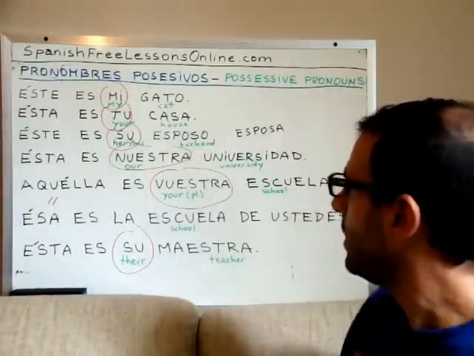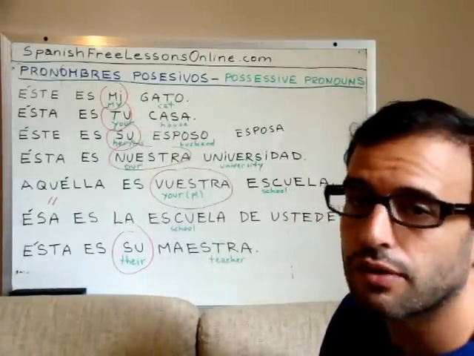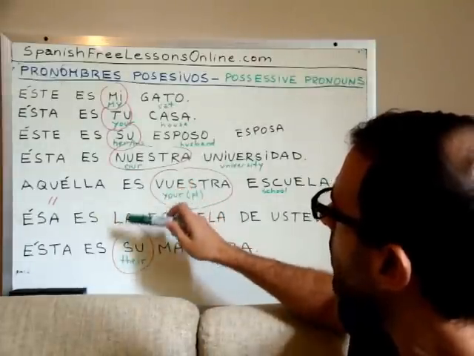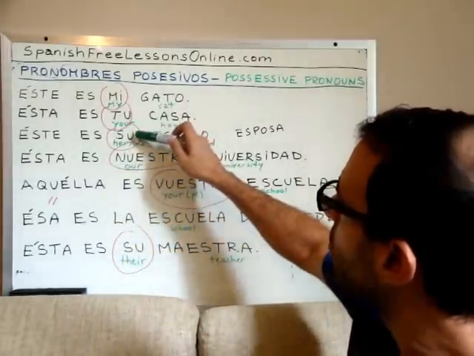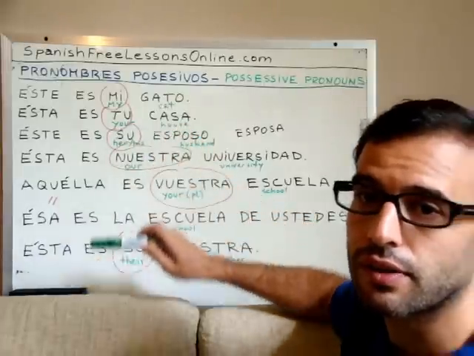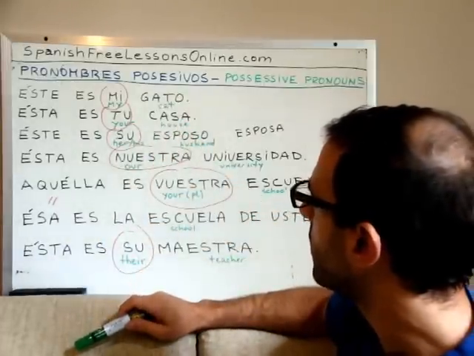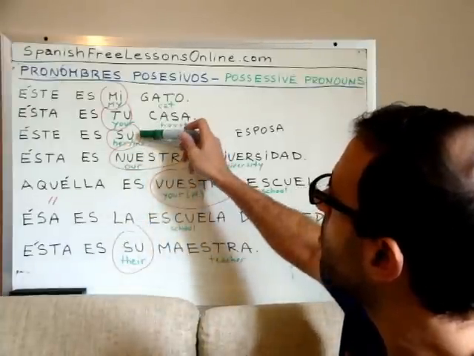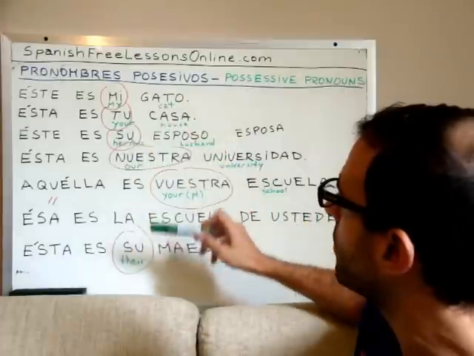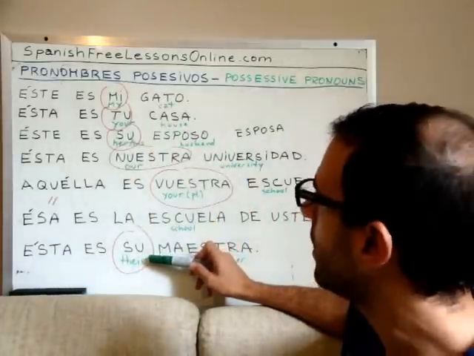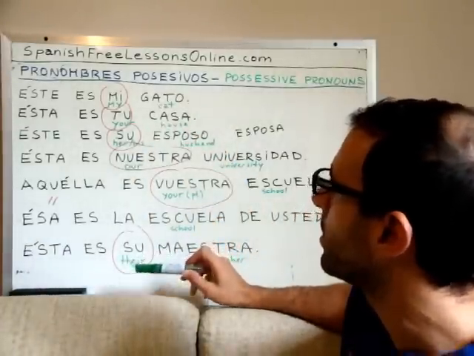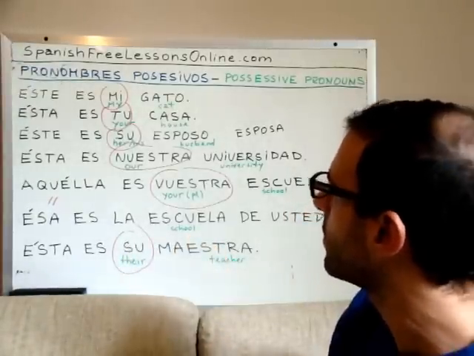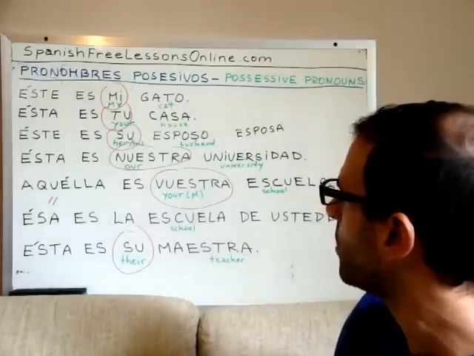So you can see that for possessive pronouns, su for their and su for his, her, or its. Okay? It's the same pronoun. So the third person of the singular and the third person of the plural, they share the same personal pronoun, which is su. So that's something you might want to remember.